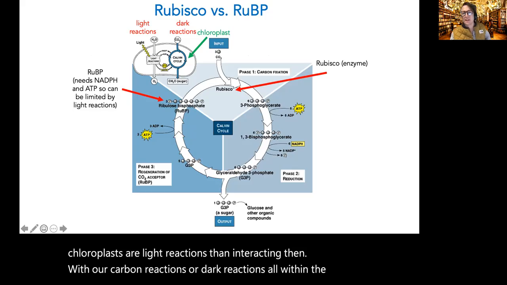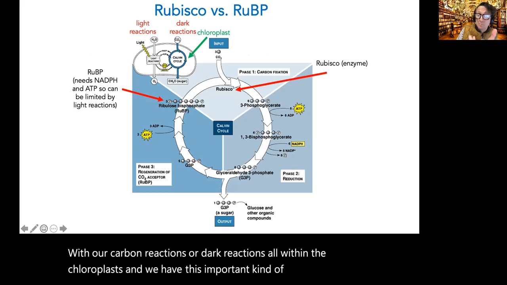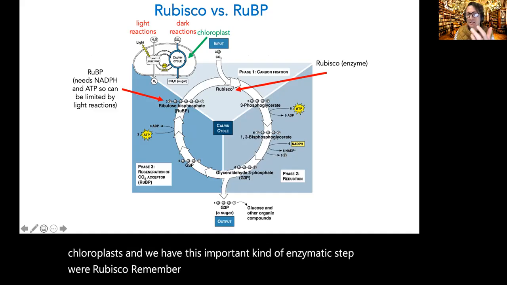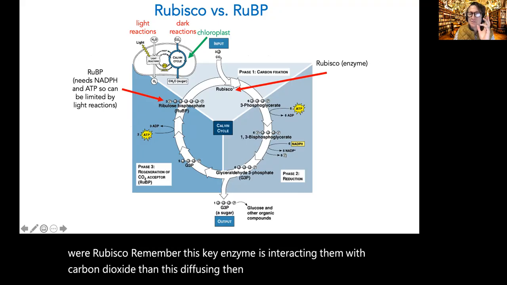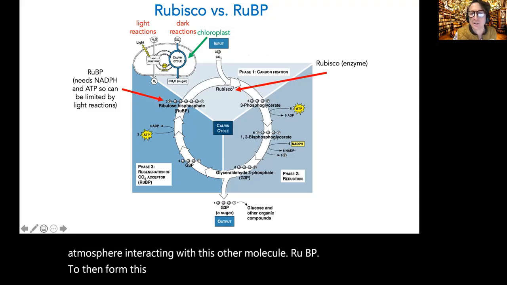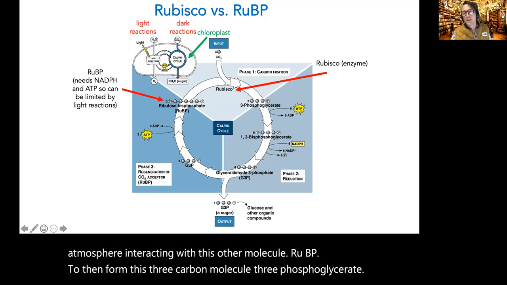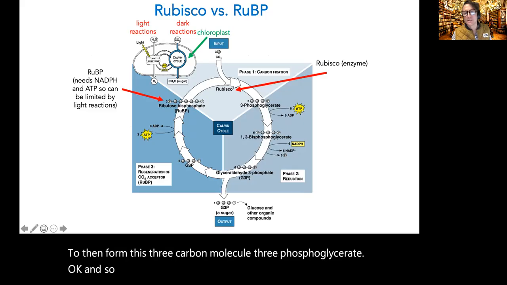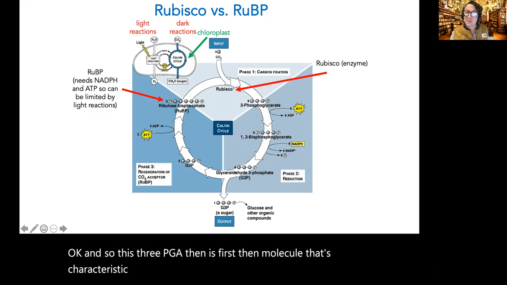And we have this important enzymatic step where Rubisco, remember this key enzyme, interacts with carbon dioxide diffusing from the outside atmosphere, interacting with this other molecule, RuBP, to form this 3-carbon molecule, 3-phosphoglycerate. Okay. And so this 3-PGA is the first molecule that's characteristic of C3 photosynthesis, this 3-carbon initial molecule.